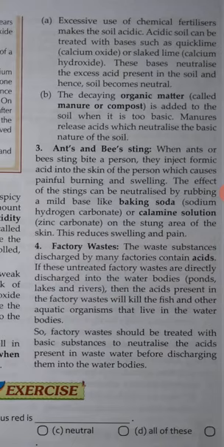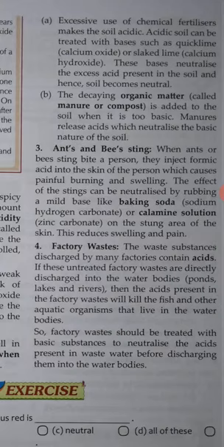When these acidic wastes are directly disposed of into the soil in the agricultural field, or into water bodies, maybe a lake, pond or river, it kills all the aquatic life in that pond, river or lake. Aquatic life means fish, frogs, or whatever is present in the water.